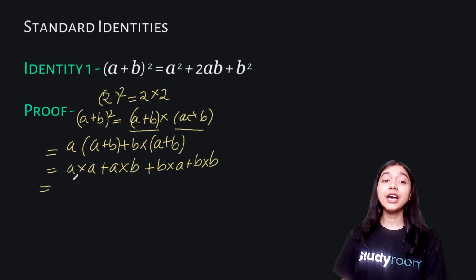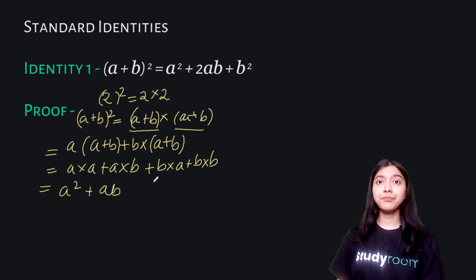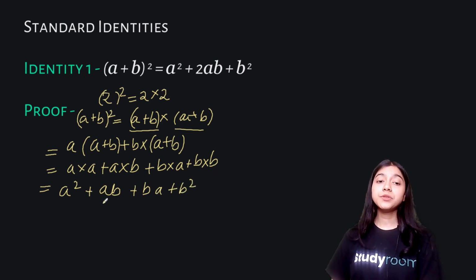So over here we have a multiplied with a, which gives us a square. Here we have a multiplied with b, which gives us ab. And here we have b multiplied with a, which again gives us ab. And here we have b multiplied with b, which gives us b square. Now, observe, aren't these two terms like terms?